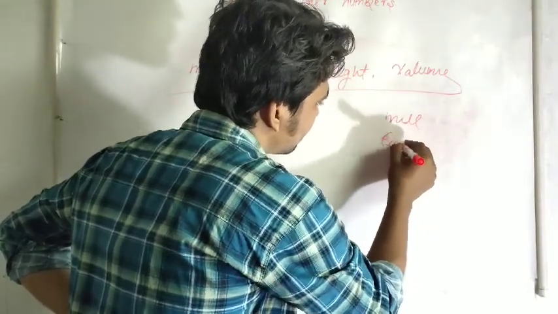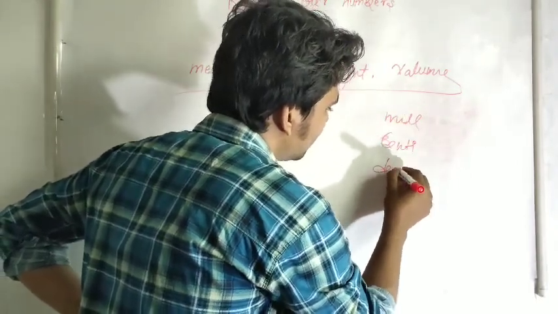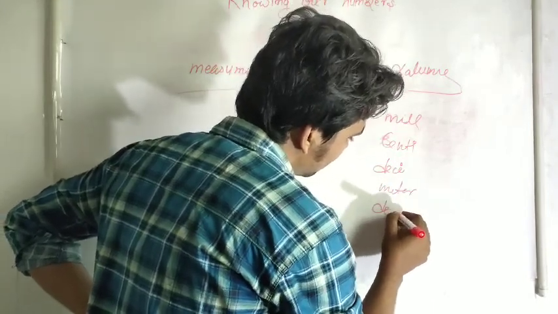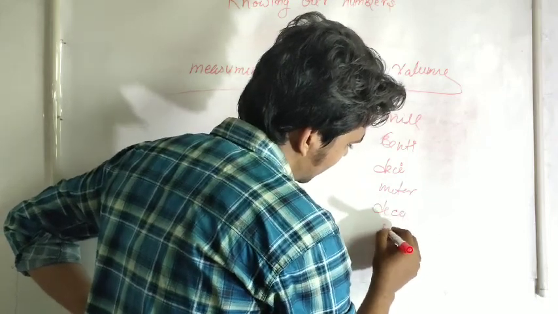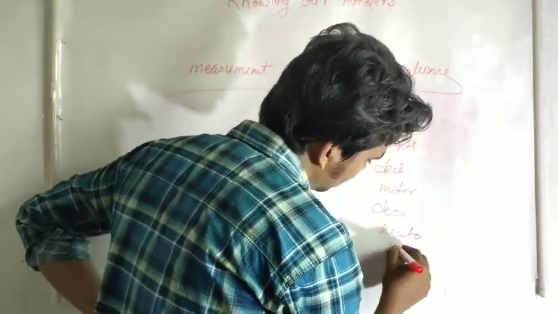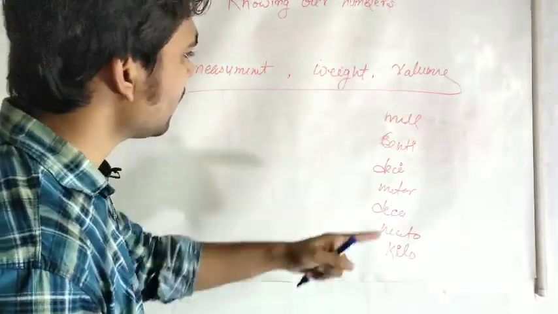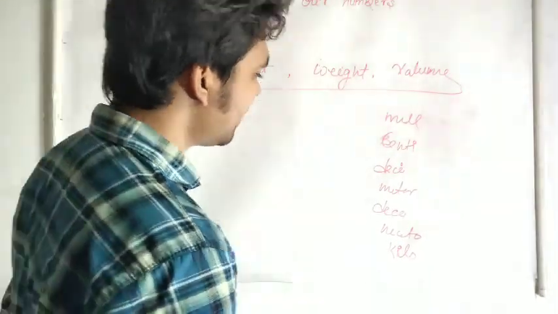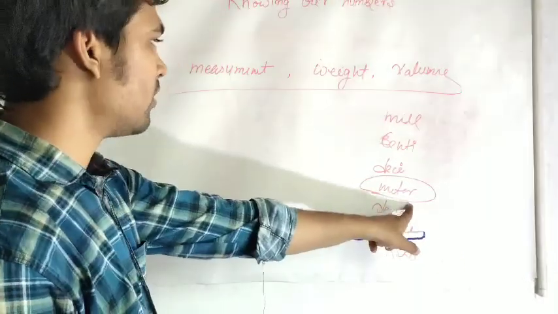centi, deci, meter, deca, hecto, kilo. Friends, when we make this chart for measuring distance, then we will use the word meter.